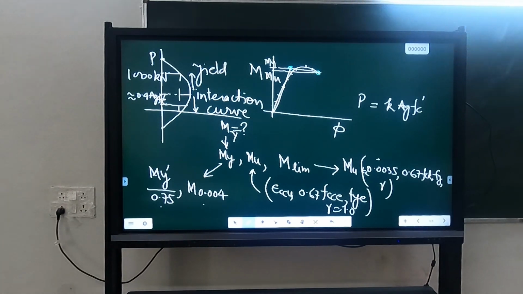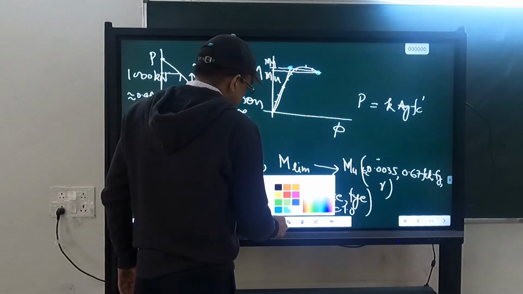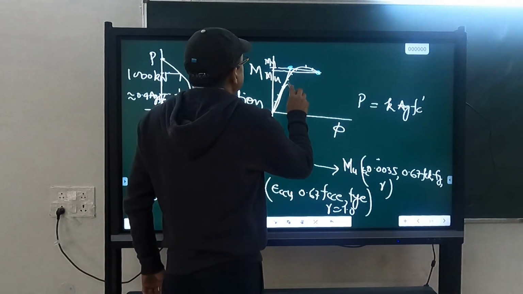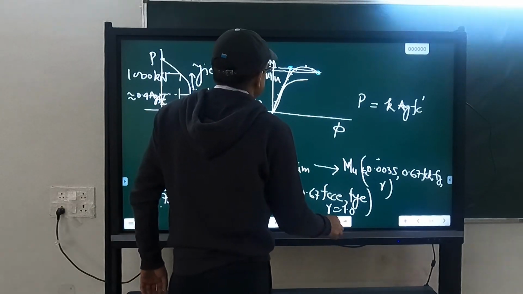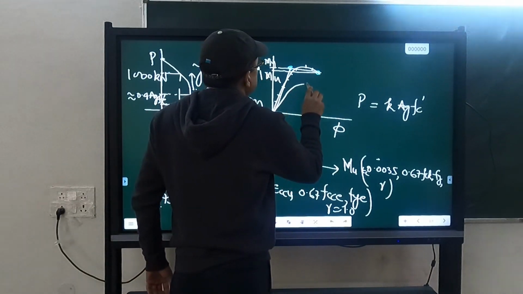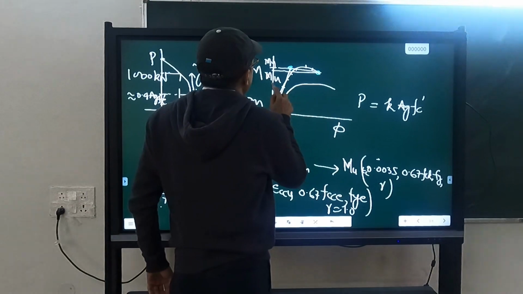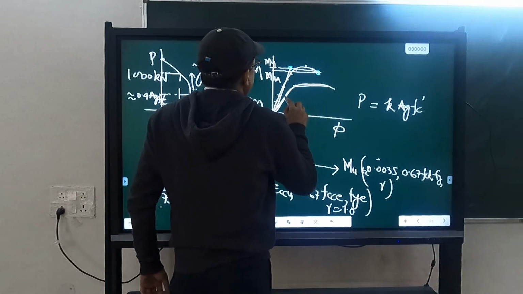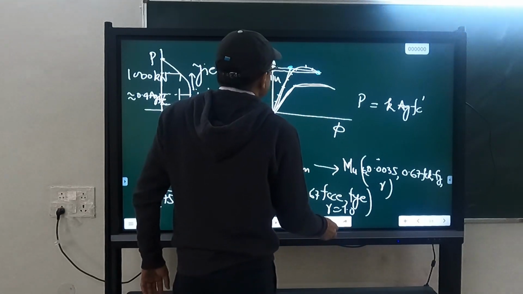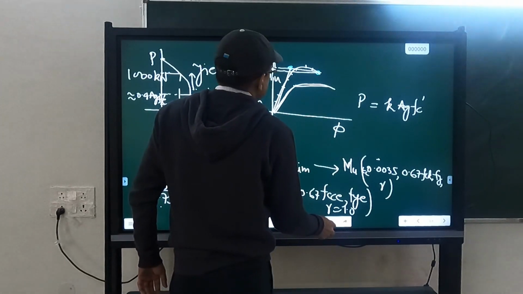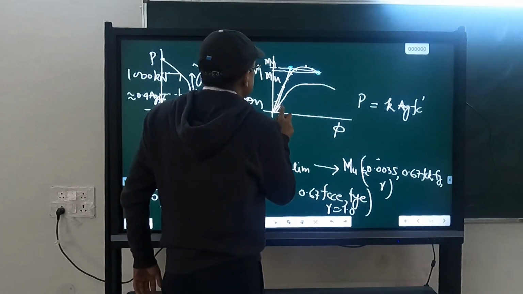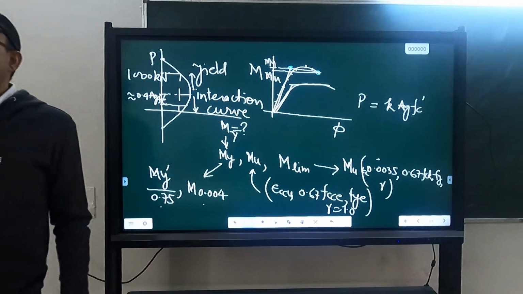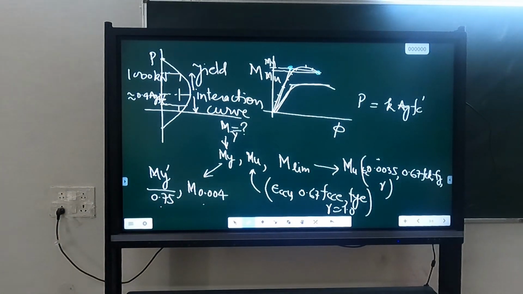At low axial force the moment curvature curve is something like this, so here you can see that My is slightly lower and Mu is slightly higher.